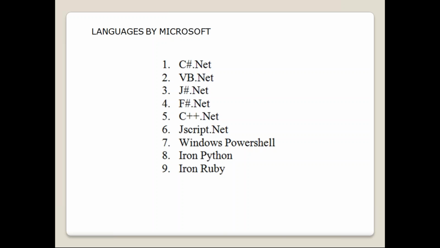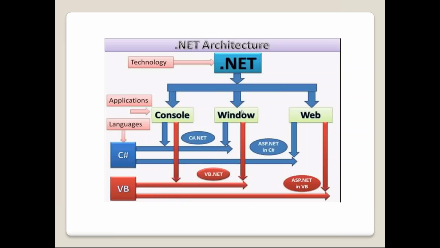Some companies are 100% satisfied with one particular language, so they stick to it for any enhancements. Any new applications use C Sharp.NET. The currently running market is C Sharp.NET, so in this class we are learning C Sharp.NET.